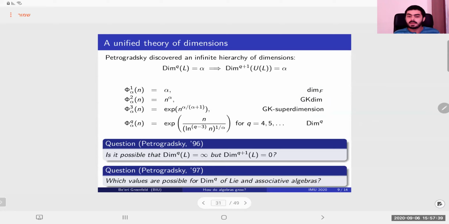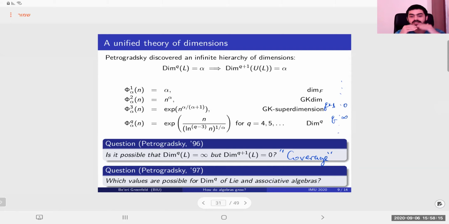Petrogradsky also posed two open questions, which are very natural when you define such a wonderful system of dimensions. The first is the following. I call it the coverage question, because he asked, so you have this sequence of dimensions, and he asked if it is possible that there's some Lie algebra that falls in between two levels. So maybe its Q dimension assumes infinity, but the Q plus 1 level assumes 0.